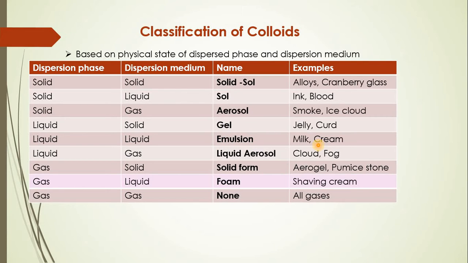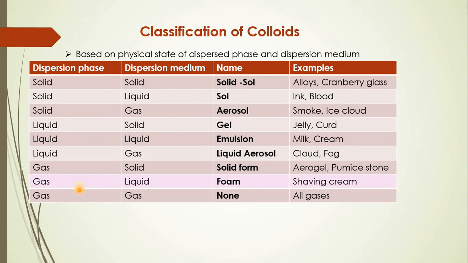Example is milk and cream. If the dispersion phase is liquid, whereas the dispersion medium is gas, we get liquid aerosol, and the example is cloud or fog. In the same manner, if the dispersion phase becomes gas and the dispersion medium is solid, what we get is the solid foam. Example is aerogel or pumice stone.